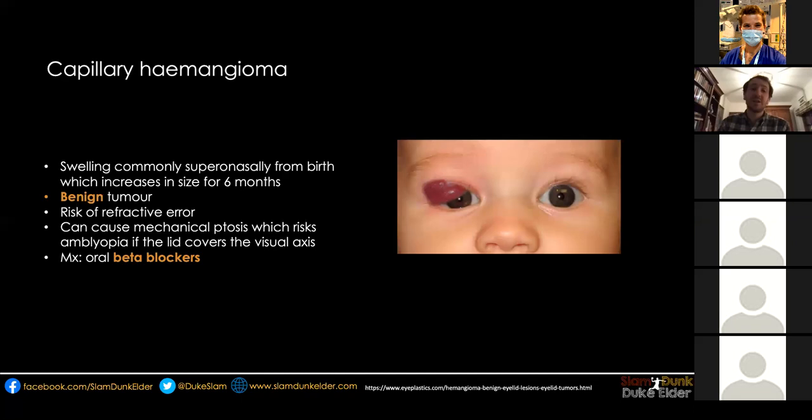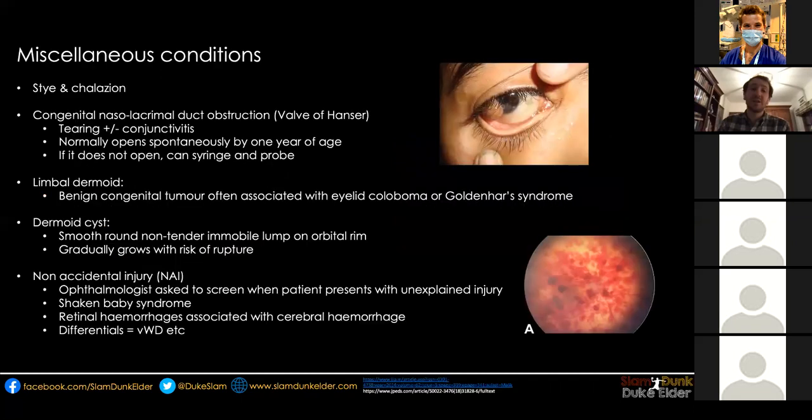So then just to finish off, I've got a few other conditions. So styes and chalazions, these are from the other talk. I'm sure you'll know about them, but they're very, very common in children. And I also mentioned congenital nasolacrimal duct obstruction. So this is where the valve is not fully developed in young children. It's not opened fully.